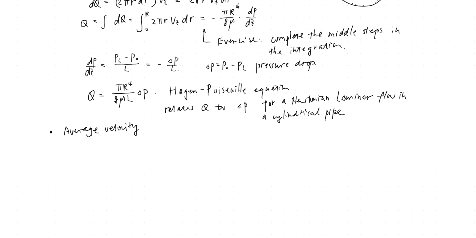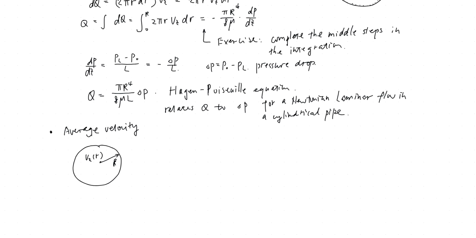Average velocity means, well, we just discussed that the velocity over this cross-sectional area is not a constant, it's a function. Vz is a function of r. So it's a maximum in the center and zero on the boundary.